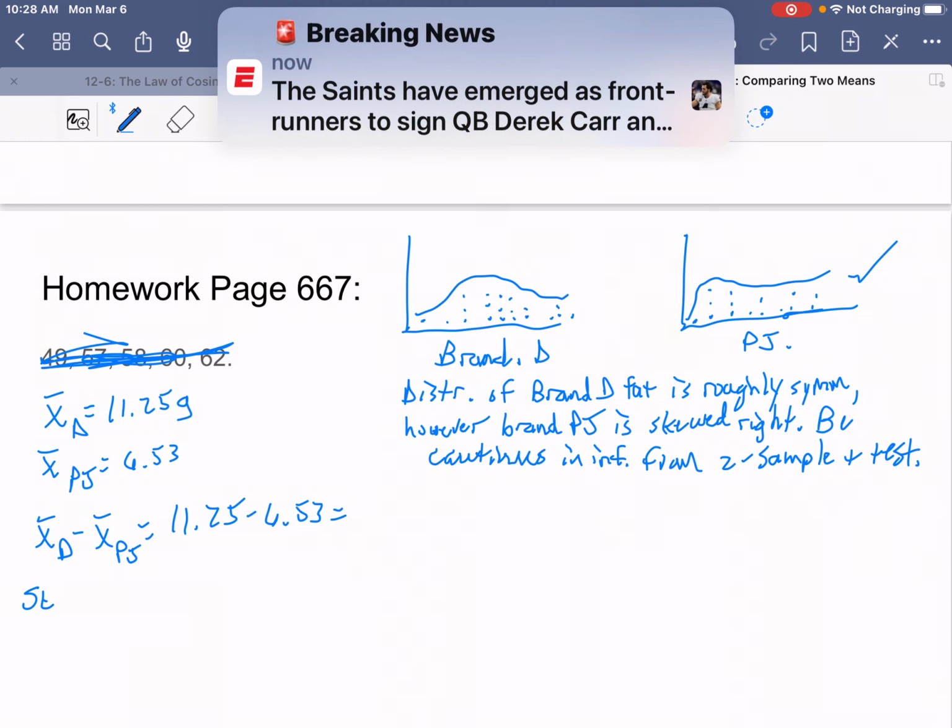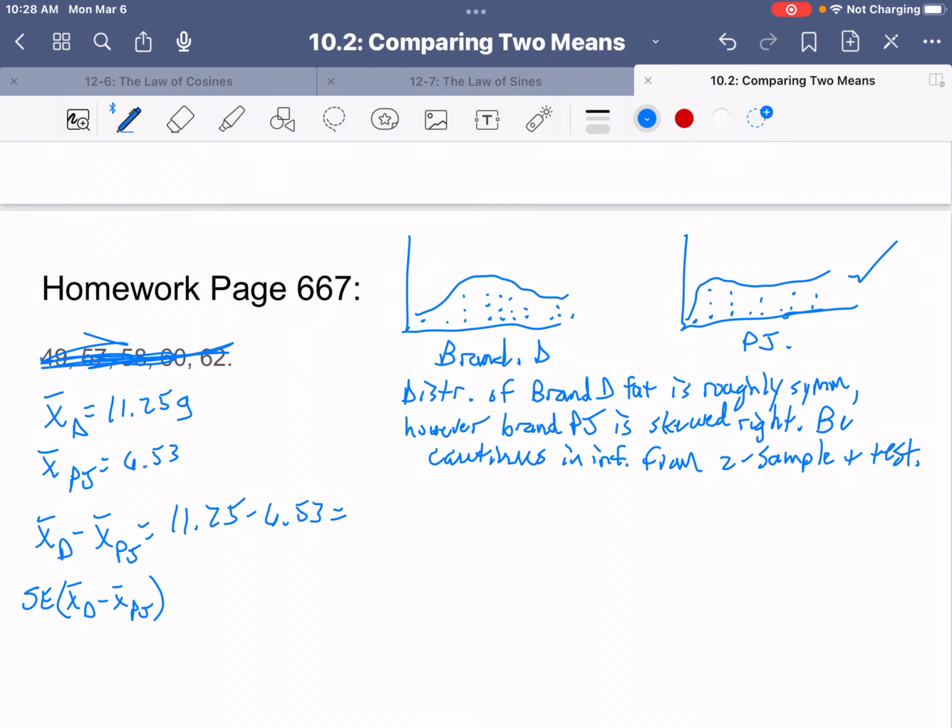We also need to calculate the standard error of X bar D minus X bar PJ. So that's equal to the square root of, well, I can see on my calculator screen that this first standard deviation is 3.19, so I need to square that, divided by the sample size of 20, plus the other standard deviation is 2.59, so I need to square that, divided by 15.